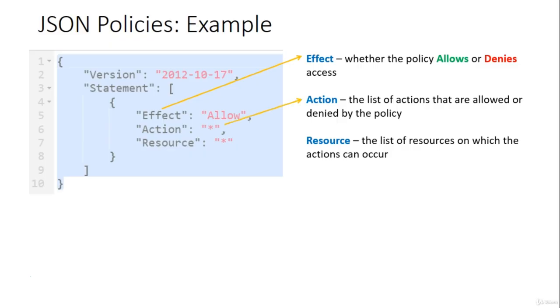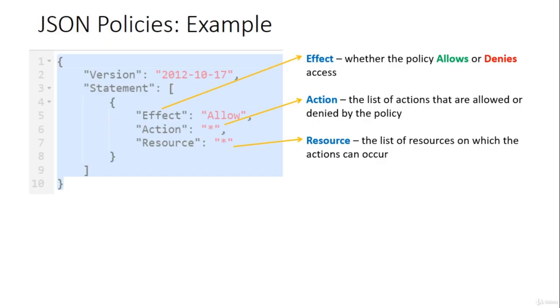Then we have got action, the list of actions that are allowed or denied by the policy. In action we have been given asterisk, the star mark, and then comes the resource, the list of resources on which the action can occur. Here also we have got one asterisk. So what does this asterisk represent?